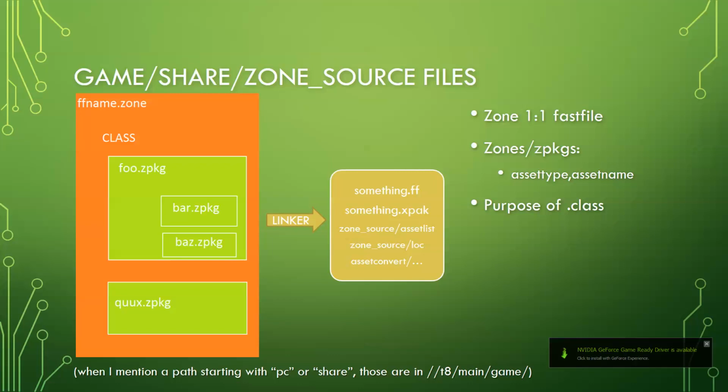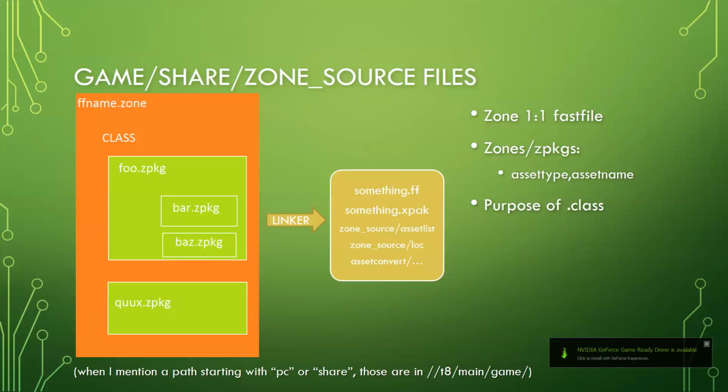The .class file exists for a few different reasons. Mainly, there's a lot of functionality that we need to say every MP level, every CP level, or the common fast files like MP common, CP common, and ZM common, we want them all to share some properties. Some of that has to do with what files should be ignored in this fast file, which I'm going to talk about on the next slide.